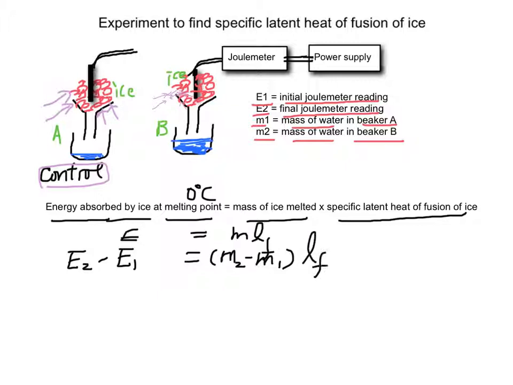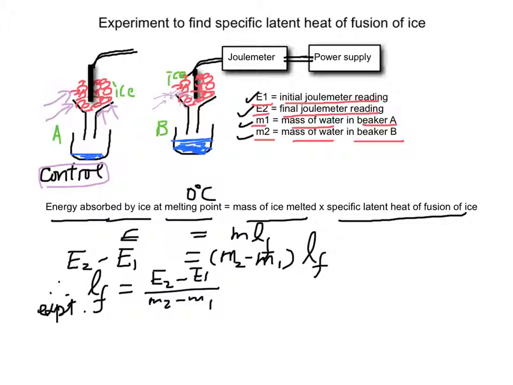Therefore, LF equals E2 minus E1 over M2 minus M1. Substitute E1, E2, M1, M2 into this equation, and we can find the experimental value of LF.